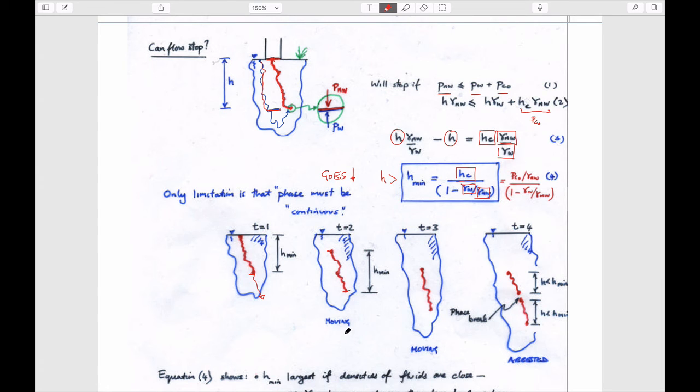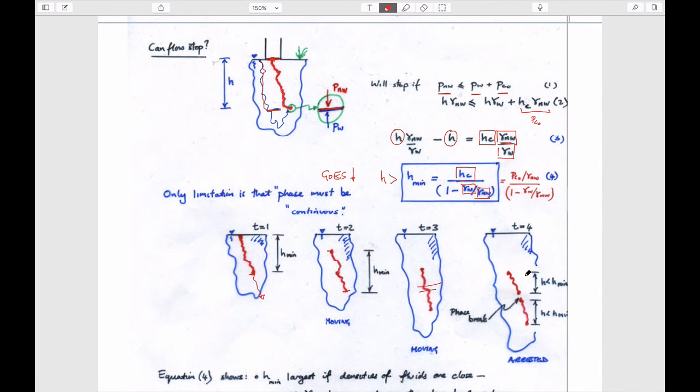It'll happily shift down through here. The only thing that will make it stop is if this breaks, and the new lengths are less than this minimum value. The rationale is that this length here is atmospheric, and it's really the pressure change occurring over this connected path. If it's broken, it's no longer connected, and so if individually these are less than this minimum value, then all of a sudden it'll stop.